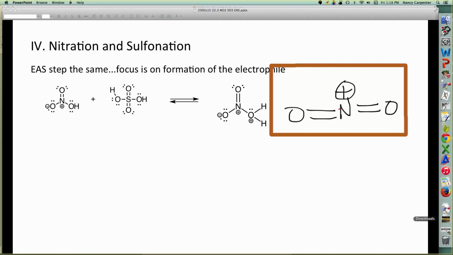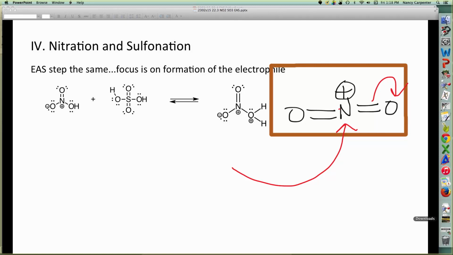My nomenclature for these weird cations is not the greatest. Bottom line is, what I care about is that you realize this is an example of an electrophile where actually the atom bearing the positive charge is the one that's attacked.